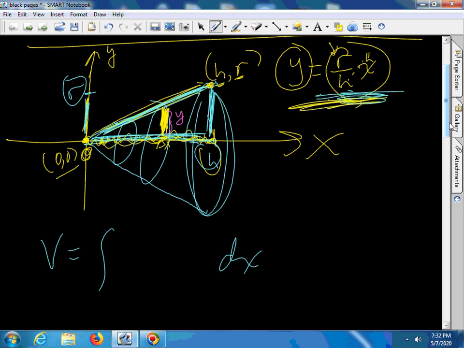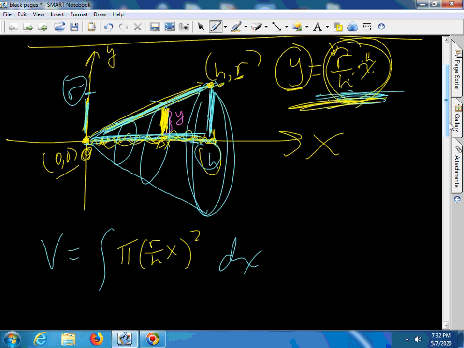So we're going to get the volume is the integral of pi times r squared dx. But that's a different r. Actually, it's y. So we get r over h x, all squared.